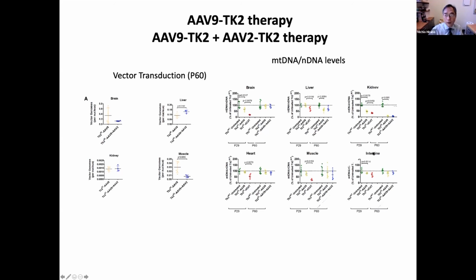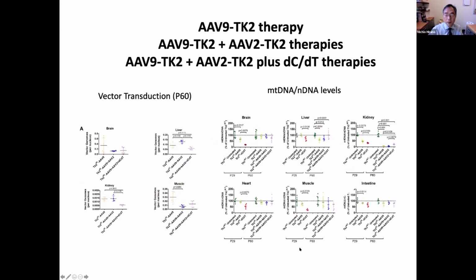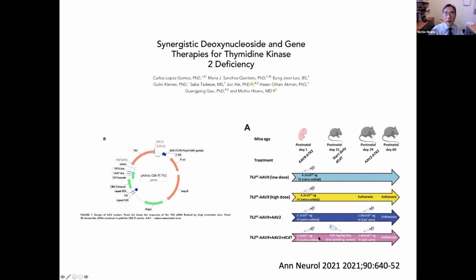So finally, our third approach is a combination of the gene therapies. AAV9 initially at half the high dose, and then a quarter dose of the AAV2.